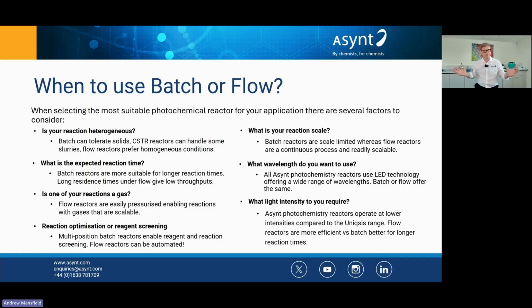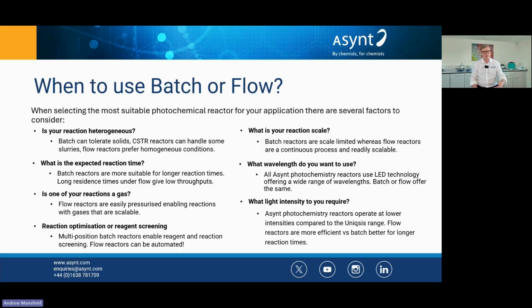They can tolerate solids. We can have even a highly viscous material and have high torque stirrers that can handle solids. So when we have a solid material, batch reactors will always be the chosen methods.